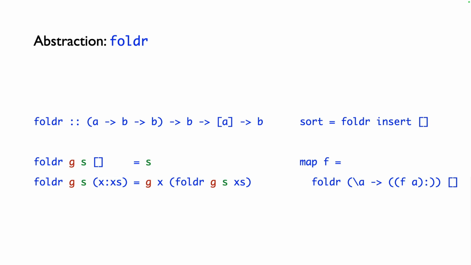It does a foldr on the function that takes an A and applies f to it, and then conses that on the front of its argument.